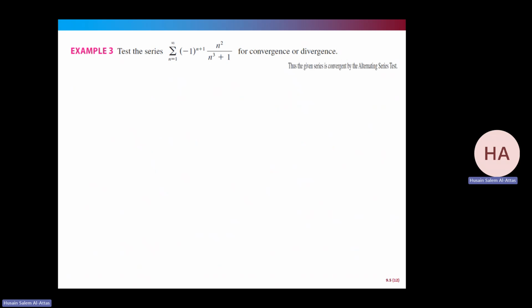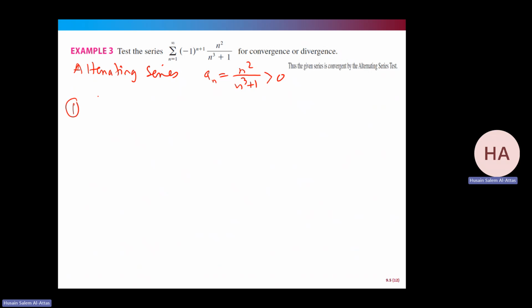This one, alternating, yes, it's an alternating series. An, this one, is always positive. Okay, what shall I do with it? What about the limit?